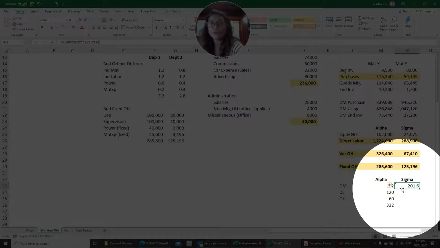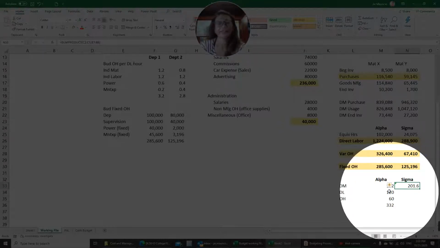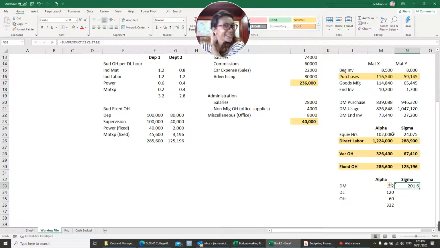So that's one way to do it if you have a long list of column B and column C that you have to multiply and add all together. Instead of multiplying each cell one by one, you use the formula SUMPRODUCT, highlight one range and then highlight the other range. Okay?